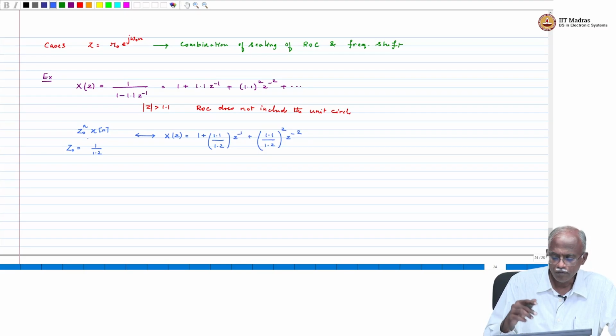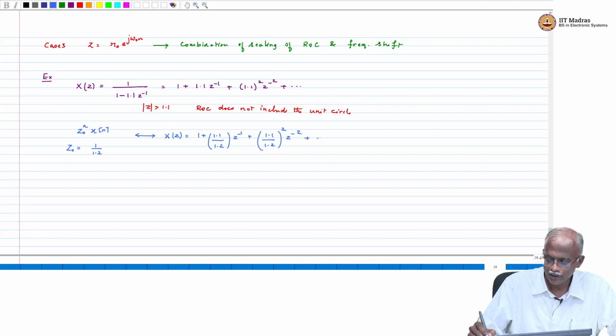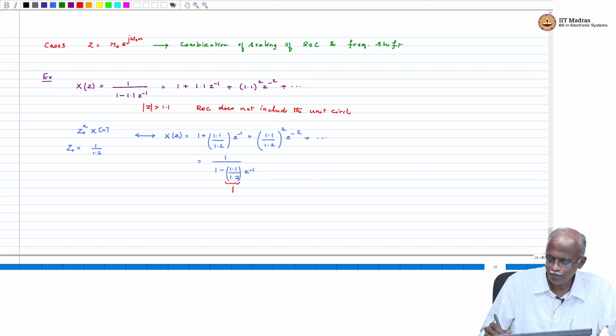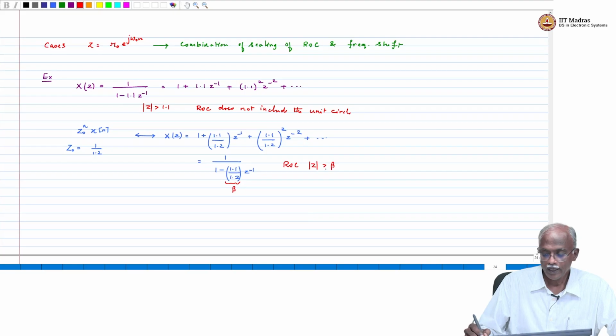Okay, so basically what we are doing is applying the multiplicative or exponential scaling z0 power n, and so this is the expression. This can be written as 1 over 1 minus 1.1 by 1.2 z inverse. Let me call this value beta. So the ROC is mod z greater than beta, and beta is equal to 1.1 by 1.2.